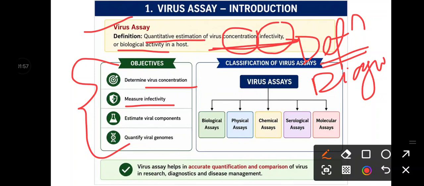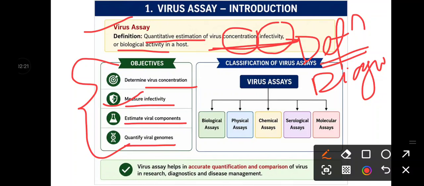So how many infective variants are there that are causing the disease? It also estimates the viral components, what components are there. Then we quantify the viral genome. Virus concentration means we will quantify the genome only. Virus is just a simple nucleoprotein structure.